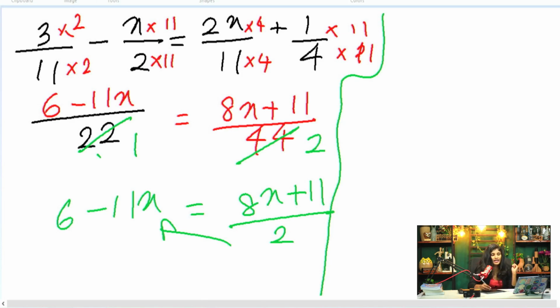Just keep in mind, okay? So that means 2 times 6 minus 11x, because this 2 is important for 6 as well as 11 both. If we just write 2 without a bracket, then 2 will be included for only 6. Then it's wrong, okay? Equals 8x plus 11.